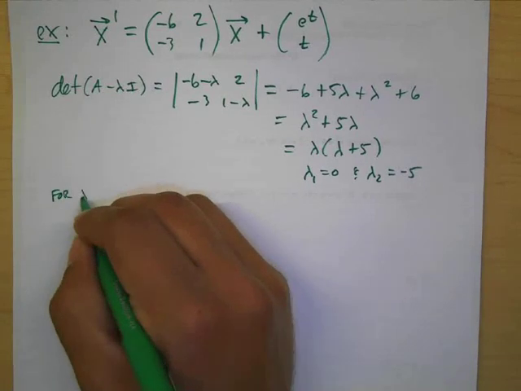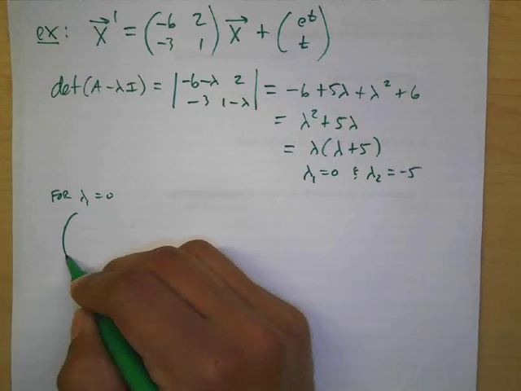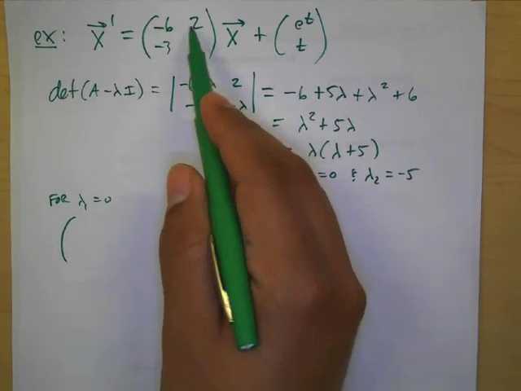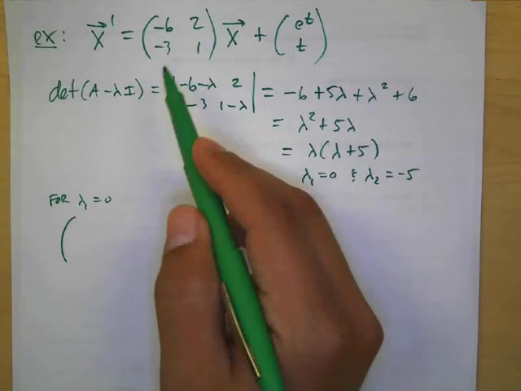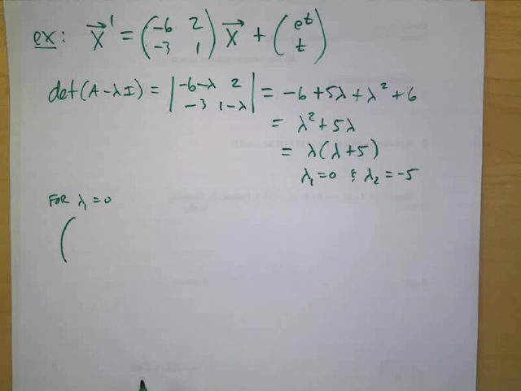Let's go for the first one. You can kind of suspect 0 would have been an eigenvalue, seeing that these rows are multiples of each other already.